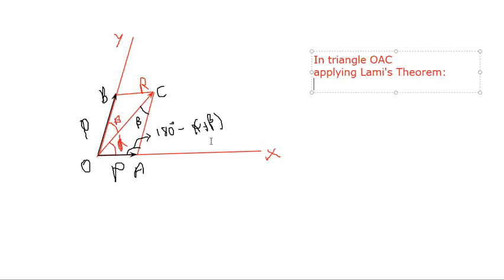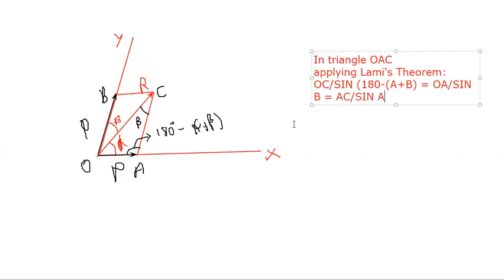So we can write OC by sine of 180 minus alpha plus beta, I am writing A and B, A plus B. This will be equal to OA by sine of beta, and this will be equal to AC by sine of alpha.